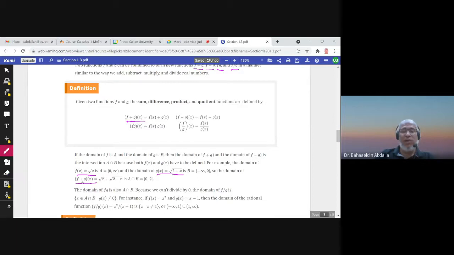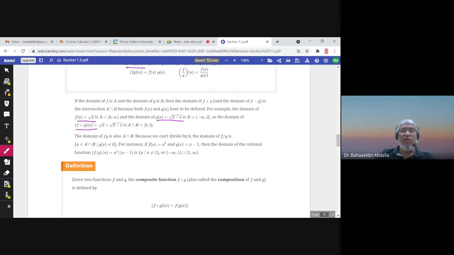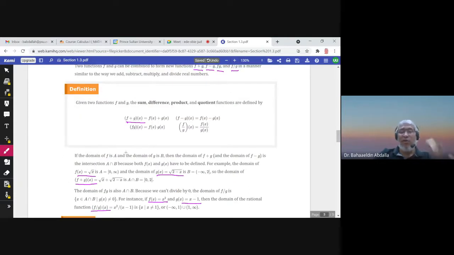If it is minus, you will have a minus here. If it is multiplication, you will multiply this times this. If it is division, you will divide. For example, if f of x is x squared and g of x is x minus 1, then f over g would be x squared over x minus 1, which is f of x over g of x. And now the question is, what would be the domain of these new functions?